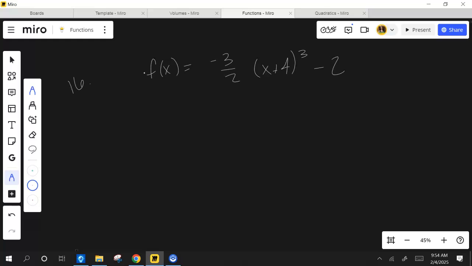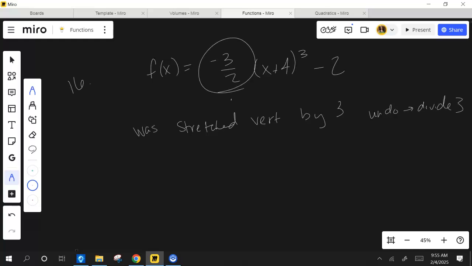So it says that it was stretched vertically by 3. So if it was stretched vertically by 3, what did I do? How do you stretch? You multiplied by 3, right? So to undo that, undo would be to divide by 3. So where am I dividing by 3? I'm dividing this one by 3.